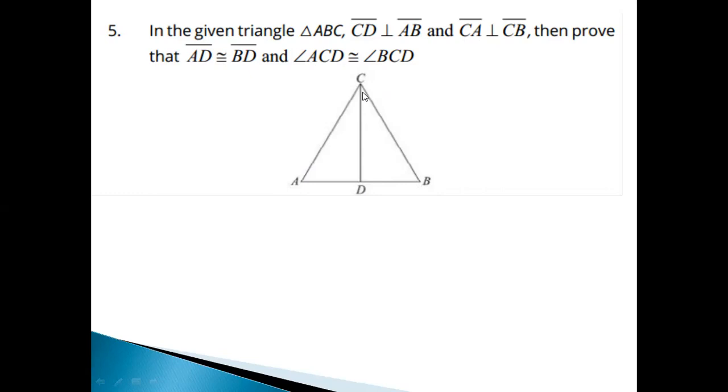So what have you been given? You have given that CD is perpendicular to AB and AC is perpendicular to BC. It's not perpendicular, it's congruent. If you check, AC is not perpendicular to BC, there is a mistake. So CA is congruent to BC.